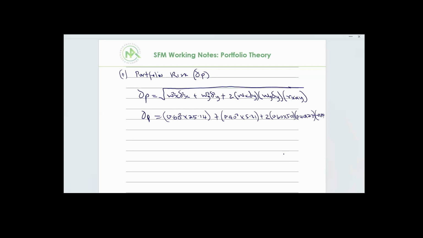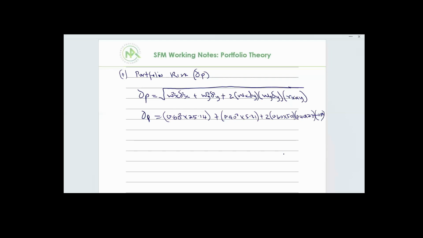Let me write this, so that's 0 minus 0.84. Okay, manage it like that.